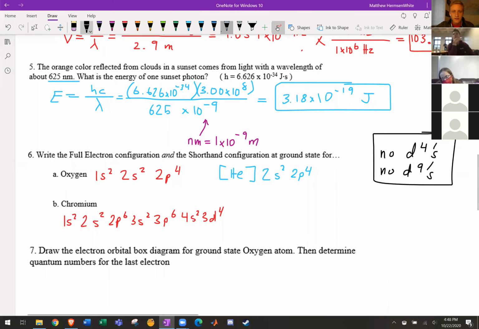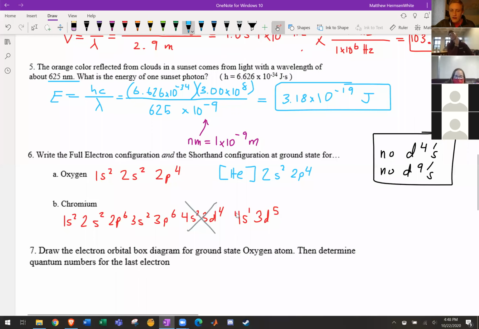So over here, notice we have a d4. This part we're going to cross off, and this is going to take one of the electrons from the 4s. So this is going to become 4s1, 3d5. Very, very common trick question.